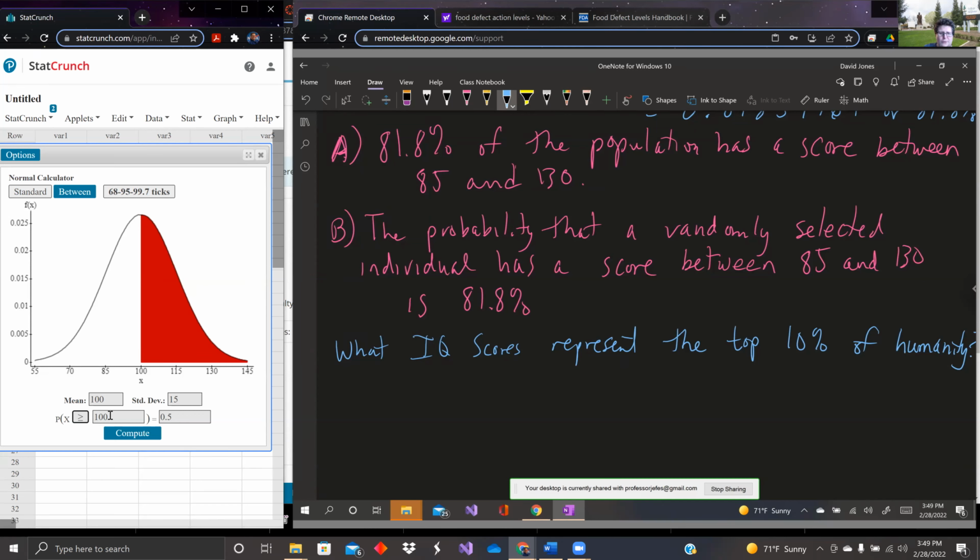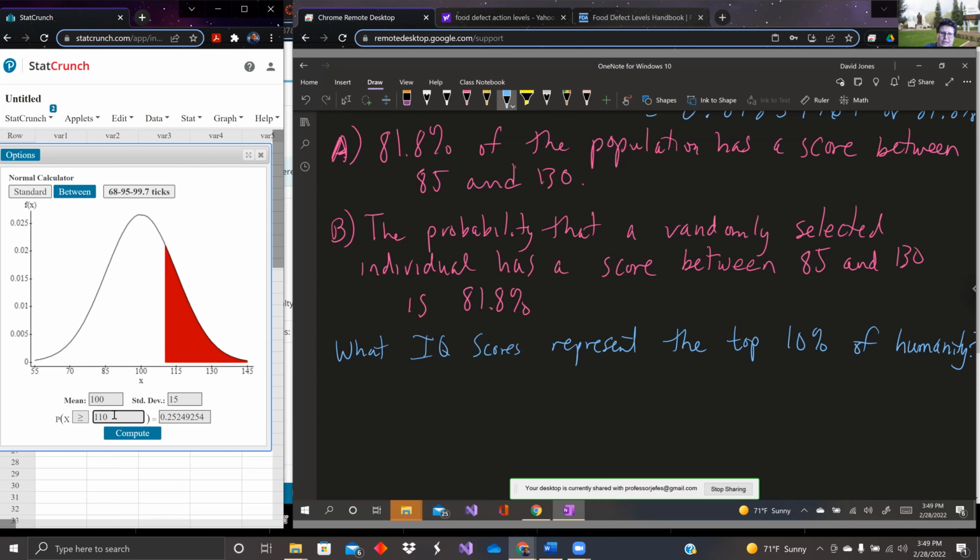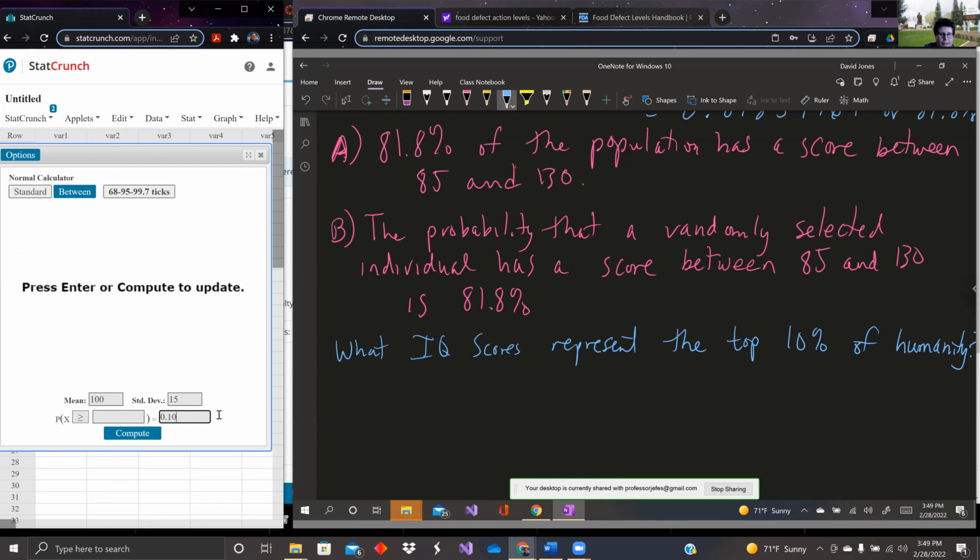I don't know what this value is. I don't need to guess values to find it. I mean, I could try guessing values and see what I get and try to keep going until I get to 10%. Or instead, you can come over here and change this value. So in StatCrunch, I am doing this.